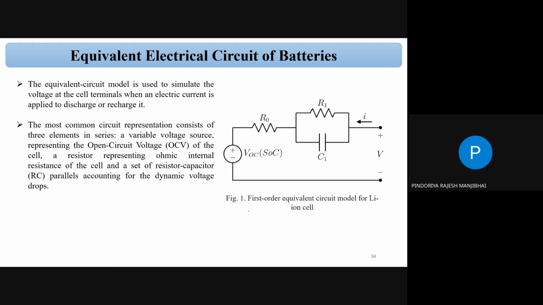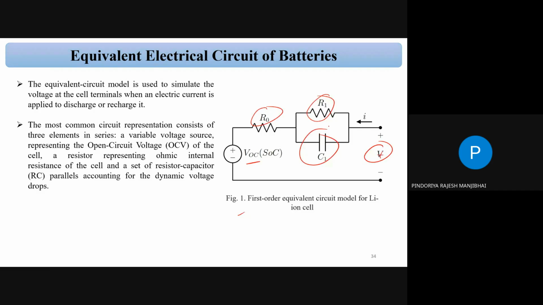So we can have first order, second order, and third order equivalent circuits. This is the first order equivalent circuit. Why do we call it first order? Because we connect the R and C component in series with the equivalent circuit of the battery. This is the open circuit voltage, this is the internal resistor, and this is your terminal voltage.